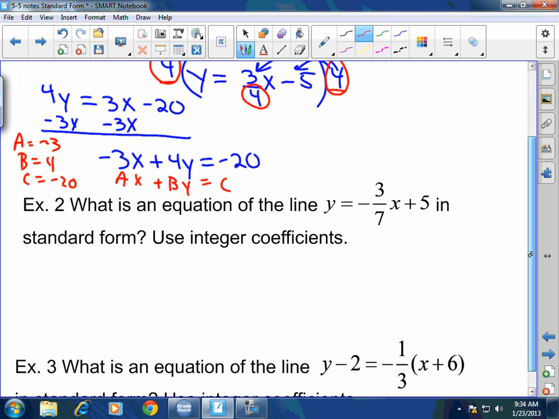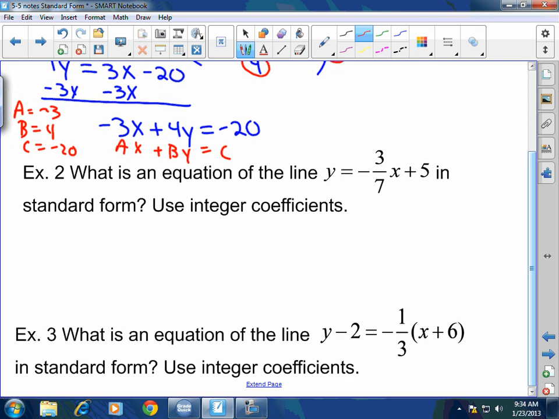Second example, okay? What is an equation of the line y equals negative 3/7 x plus 5 in standard form using integer coefficients? What would I do here? Multiply 7 to both sides. Very good, my friends. So this is going to give me 7y equals negative 3x plus 35.